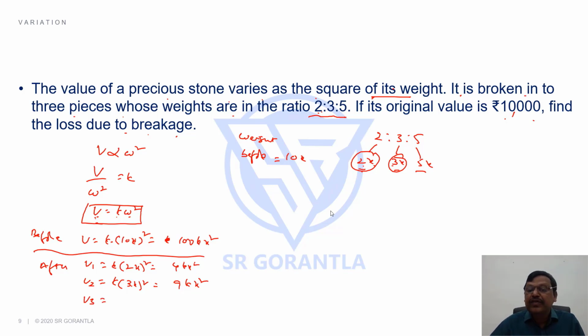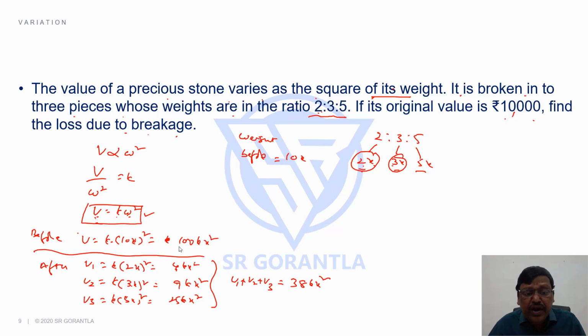The value of the third piece will be K into 5x whole square, because K into W square is the value. It is 25kx square. So the total value of these 3 pieces after it is broken will be V1 plus V2 plus V3, which is 4 plus 9 plus 25, that is 38kx square. The original before it was broken was 100kx square, and now it is 38kx square, so the loss equals 100kx square minus 38kx square.